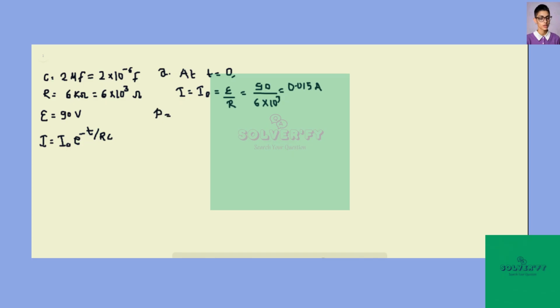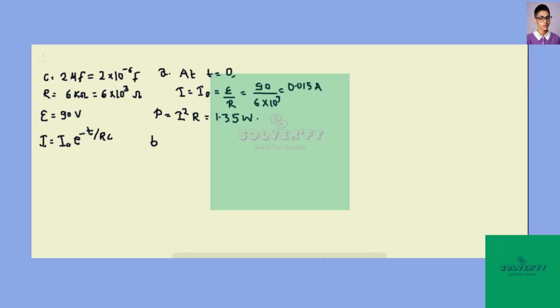So power is equal to I squared R. Now you know the value of I, you know the value of R. Just plug this in here, you get power P equals 1.35 watts. Alright, yeah.